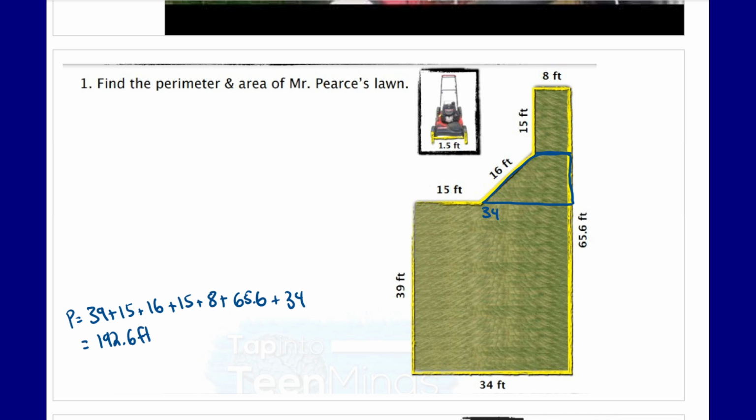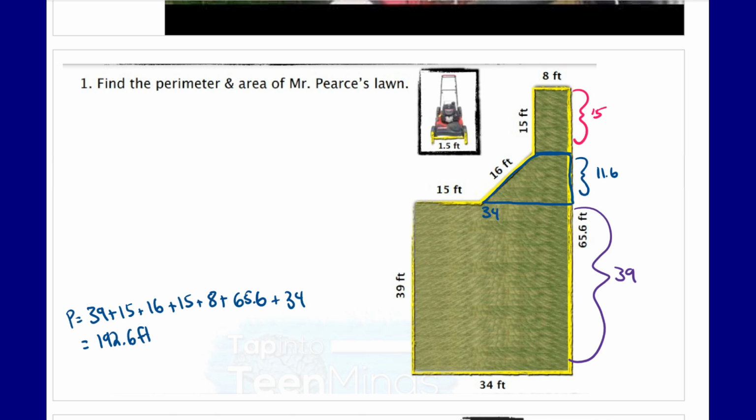Now you're right that we don't know quite what this measurement is, but we'll use different colors. If this measurement here is 15 and this measurement here is 39, and we know the entire measurement, we could do 65.6 minus 39 minus 15, which would give us 11.6.